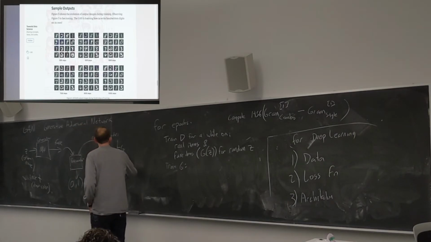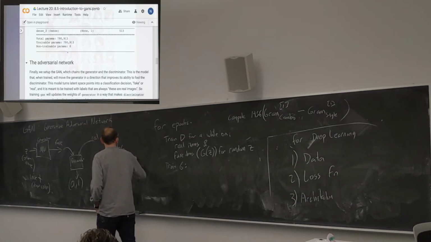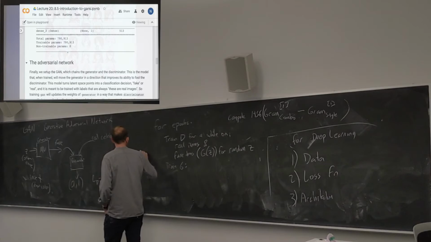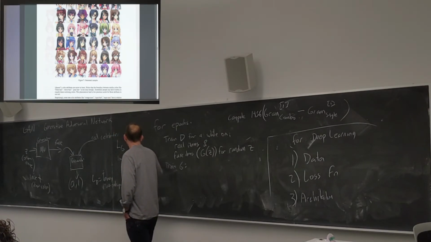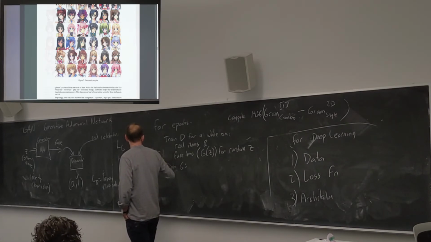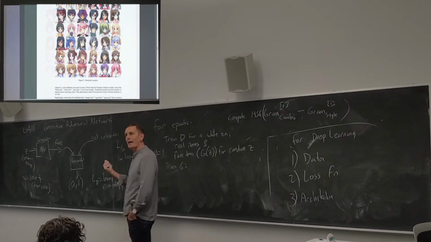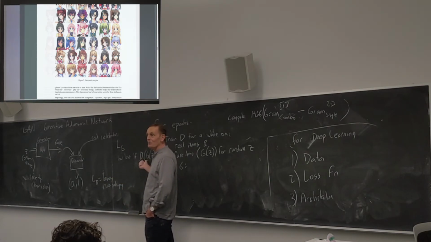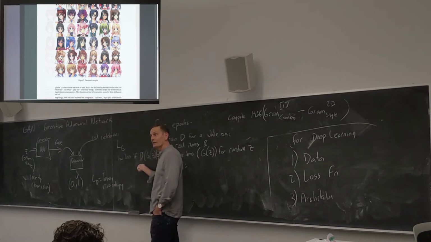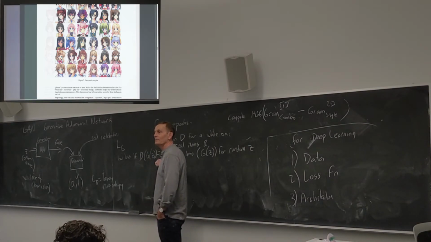So we want a low loss if D of G of Z equals 1. So we're going to pick a random value, feed it through our generator, take that output and feed it into our discriminator. And if we can get the discriminator to say 1, we win.